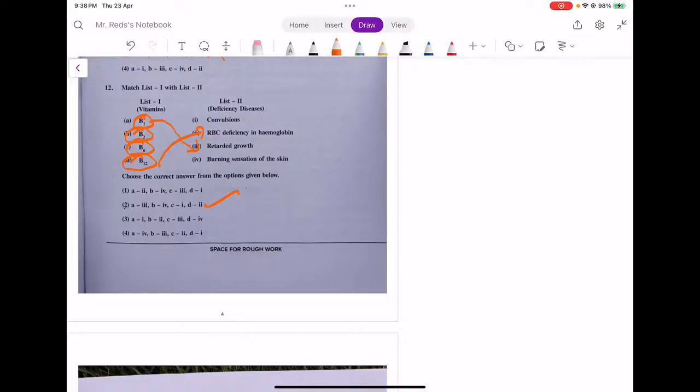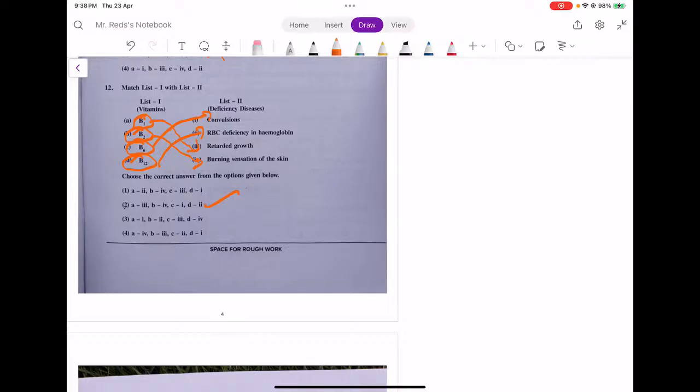thiamine. Next, B is 4. B is 4 means burning sensation on the skin. Next, C is 1, convulsions.